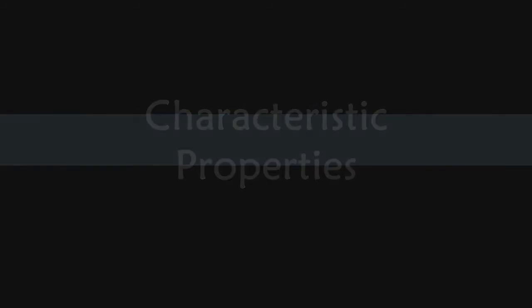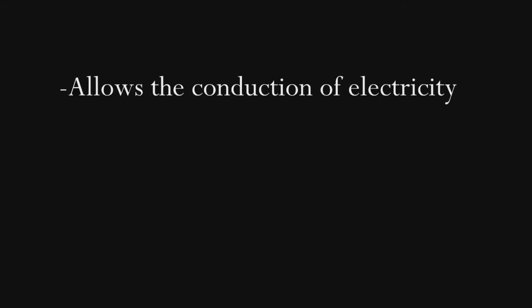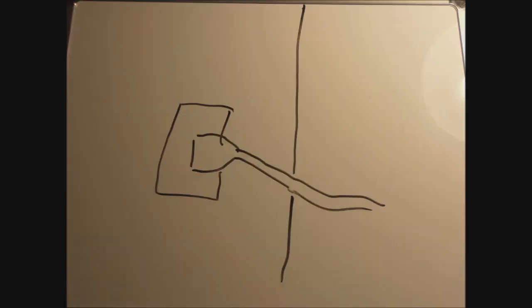First of all, it allows the conduction of electricity, because when it is plugged into an outlet, the electrons flow past the ions and electricity goes through the wire into, like, a light bulb or something and generates light.